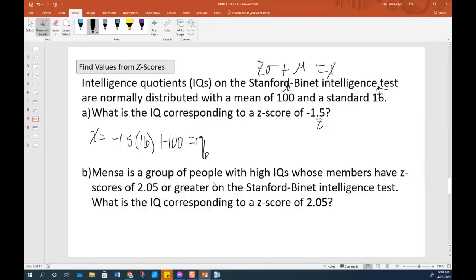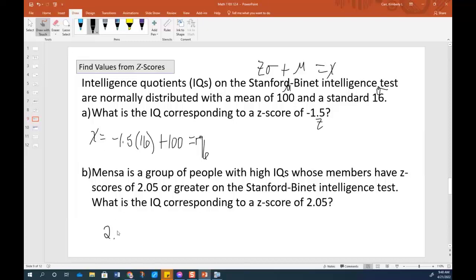Okay, Mensa is a group of people with high IQs. Mensa is a real group whose members have a Z-score for their IQ of 2.05 or greater on the intelligence test. So what would your IQ have to be to get into Mensa? Well, here we have a Z-score of 2.05. So we're going to calculate what that X value is.